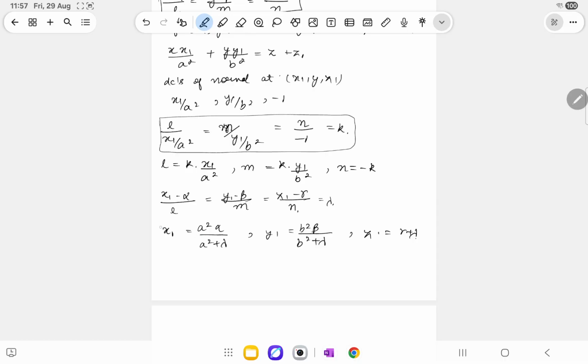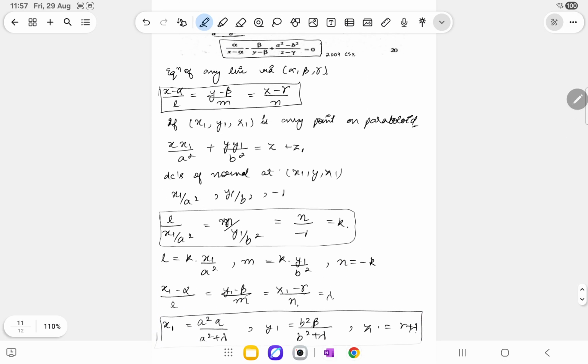You can use this directly as well for the general equation of a paraboloid.